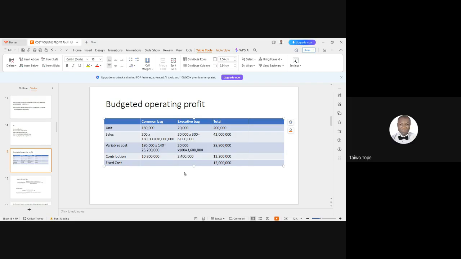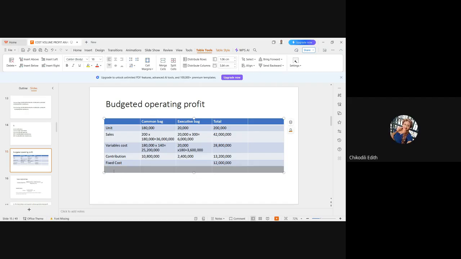So contribution less fixed cost, you have 1.2 million, and that will be your profit: 1,200,000.